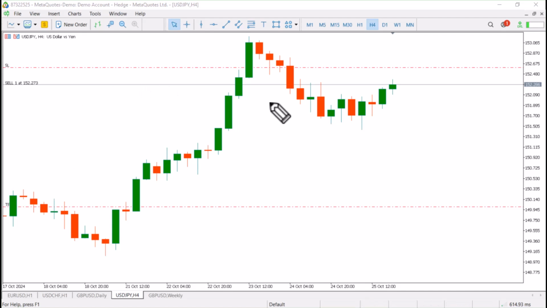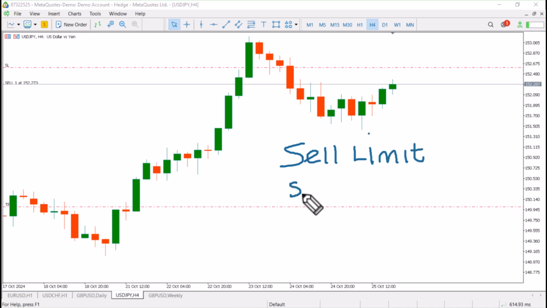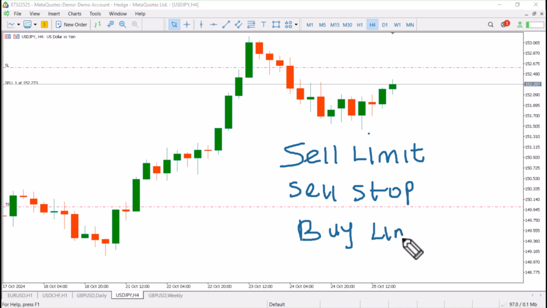For you to negotiate, you either use the sell limit, sell stop, buy limit, buy stop.